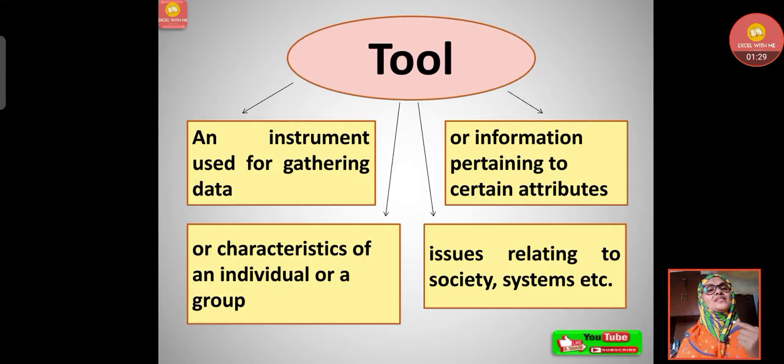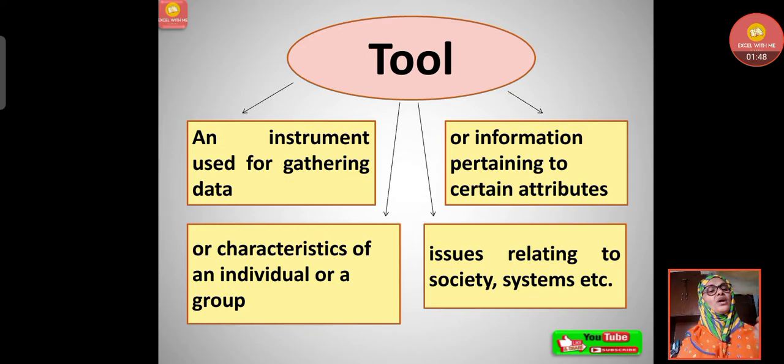A tool is an instrument used for gathering data. Obviously, whatever data you want to collect from the samples, you have to use one instrument or tool to gather that data, or information pertaining to certain attributes.